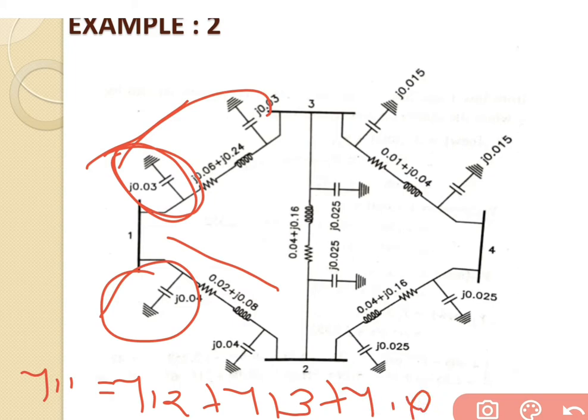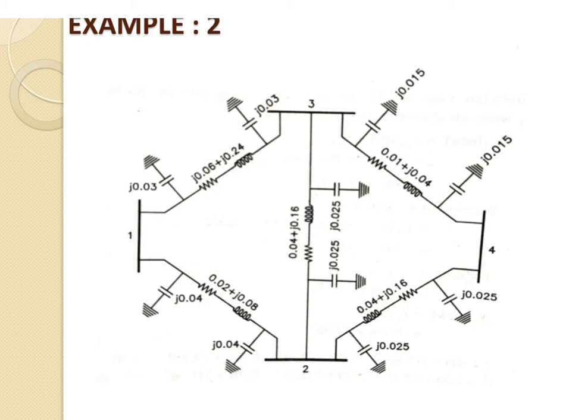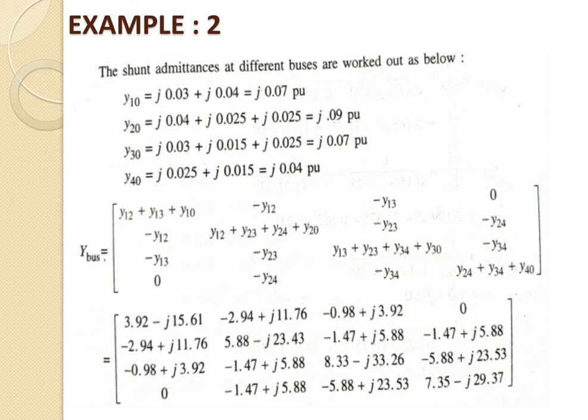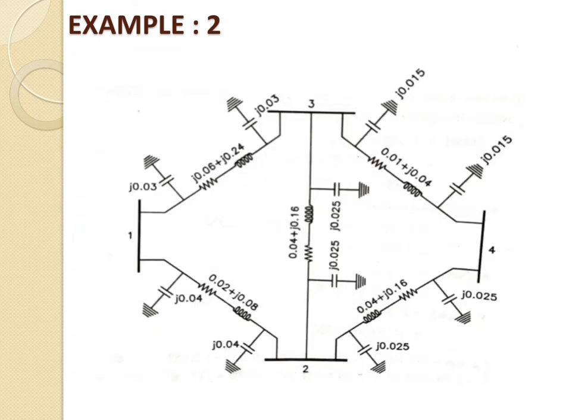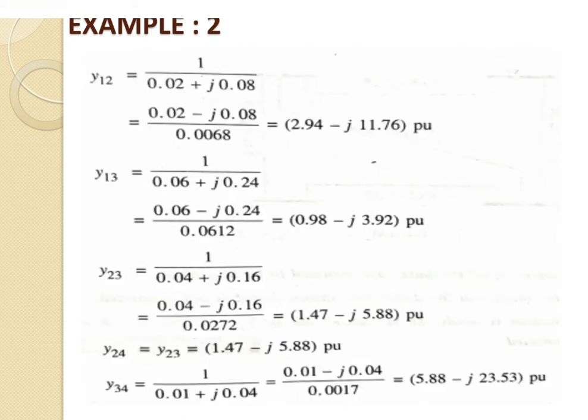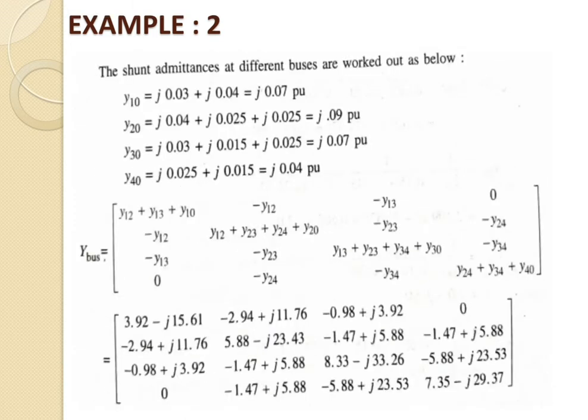The shunt admittances are different, but if we make this summation we get the answer. So y11 is equal to y12 plus y13 plus y10.